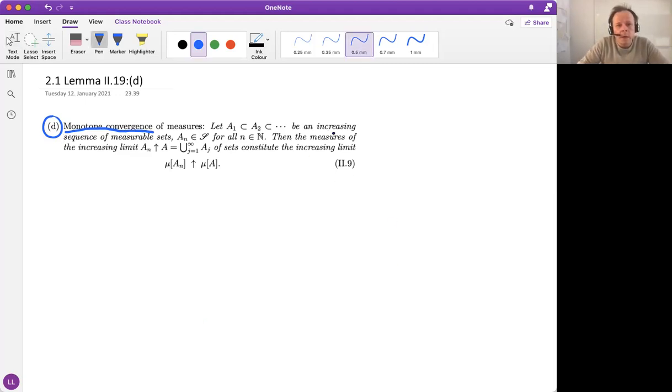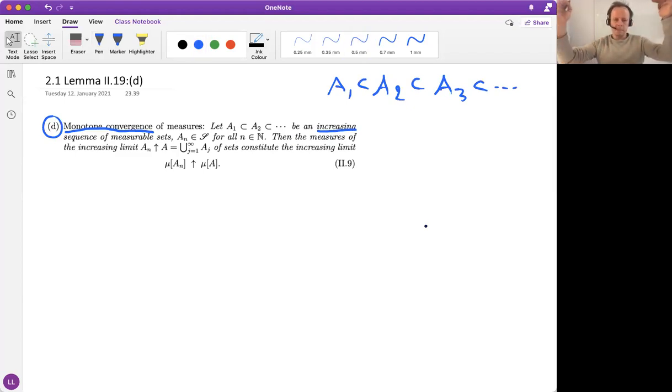So now we assume that we have an increasing sequence. Increasing means that A1 is contained in A2, A2 is contained in A3, and so on. So we are looking at increasing sets, and they are measurable, so each of them is a member of the sigma algebra.